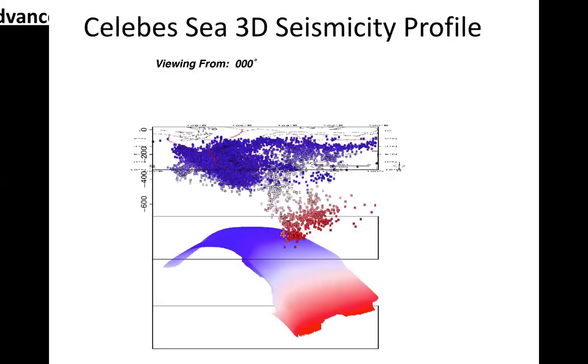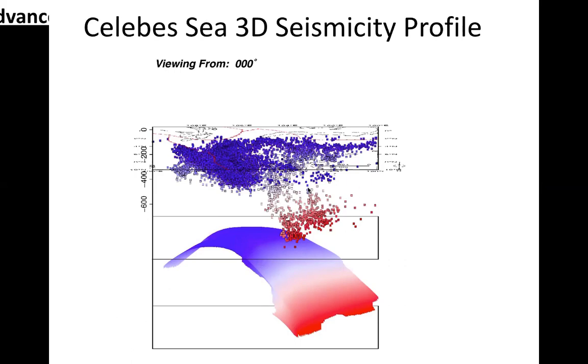So if we view this in 3D, we can get a better idea of the geometry here. So the top panel here is plotted seismicity, everything deeper than about 50 kilometers, just so we could more clearly see the deeper seismicity. And the bottom panel is the accepted geometrical model from Slab 2.0.